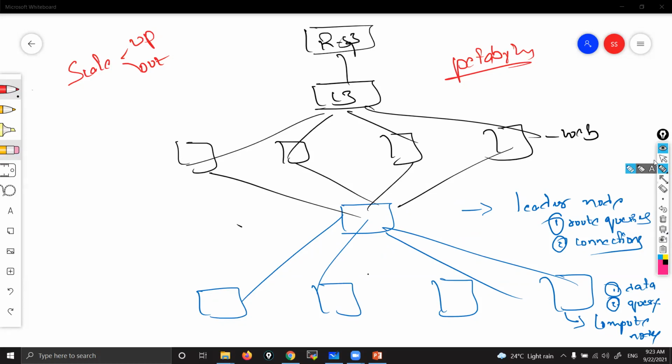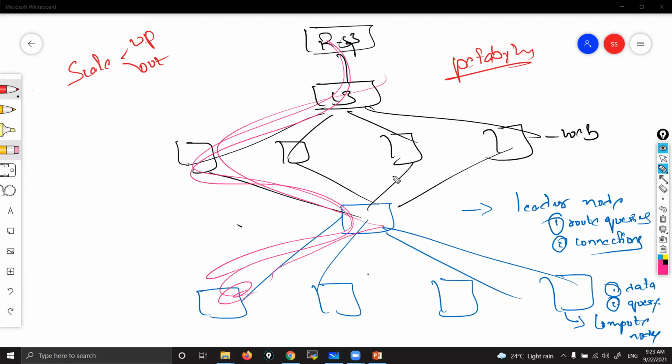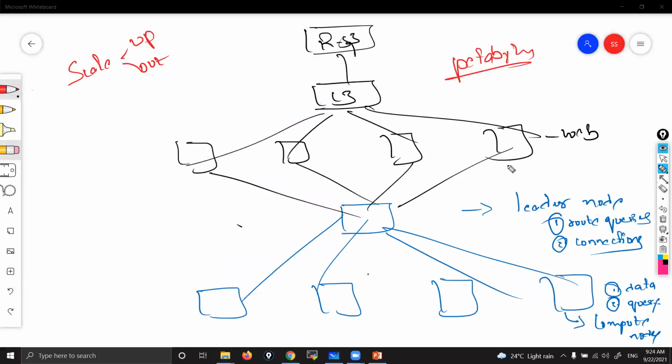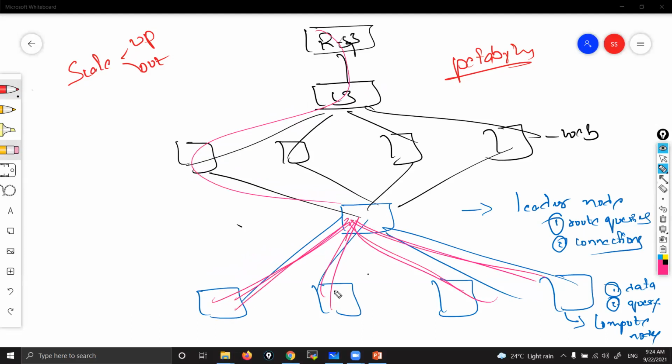Got it? The limitation is petabyte only. So Redshift always makes sure that injecting data is faster and running queries is also faster. If a huge amount of data is there, the leader node has the capability to distribute data in parallel, simultaneously, to all nodes. It's not one by one, all in one go.